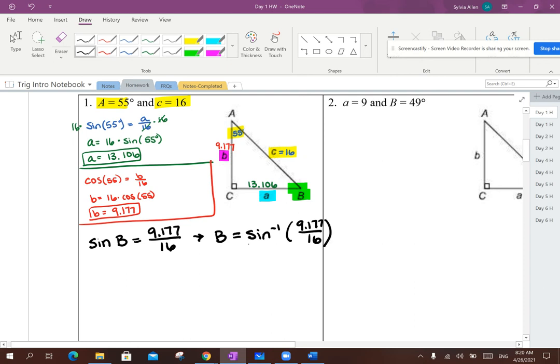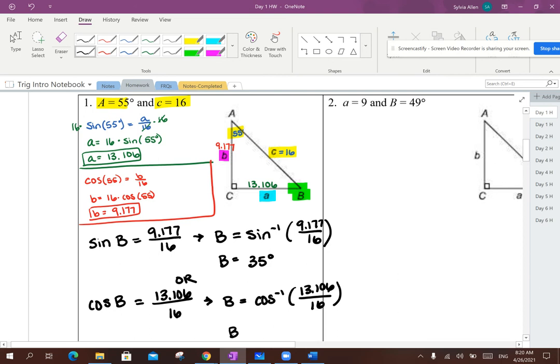And you could put that in your calculator, and that should give you B is equal to 35 degrees. Or you could have used cosine of angle B, and we found that to be the adjacent side over the hypotenuse. And again, you only need to do it once, but the ratio would be different depending on what you decided to use, but the value of the angle still ends up being 35 degrees. So this is 35 degrees.